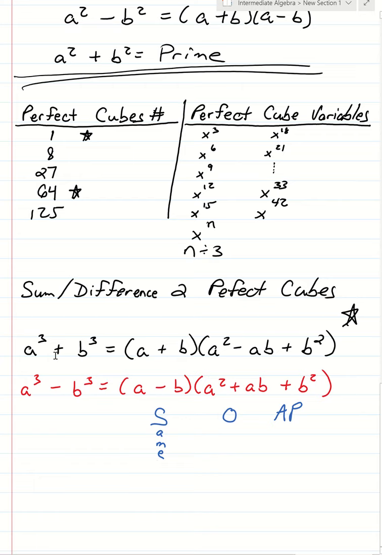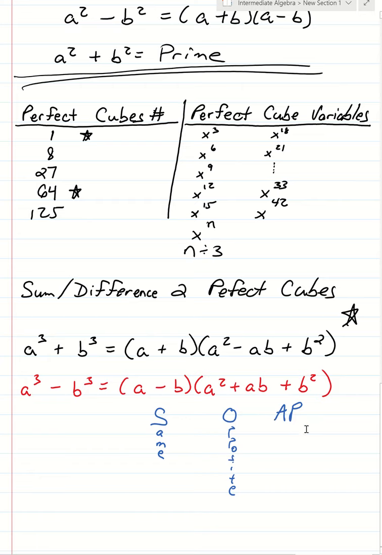When I am adding the two cubes, when it comes to this sign, I subtract. When I am subtracting the two cubes, over here I have to add. So for this particular sign, it is the opposite of the original sign, okay? So same sign here, opposite sign here.